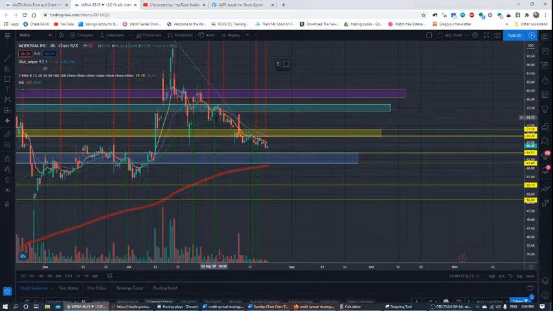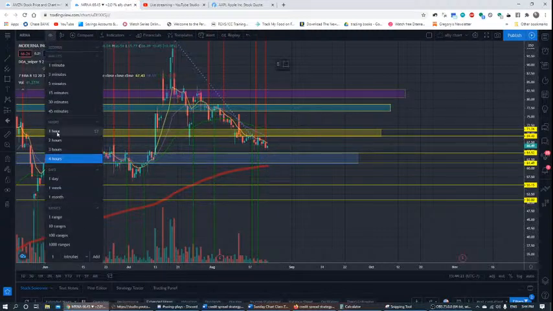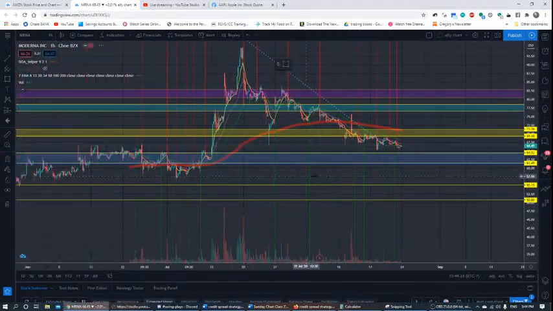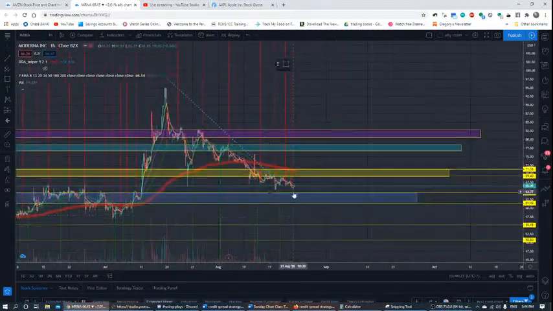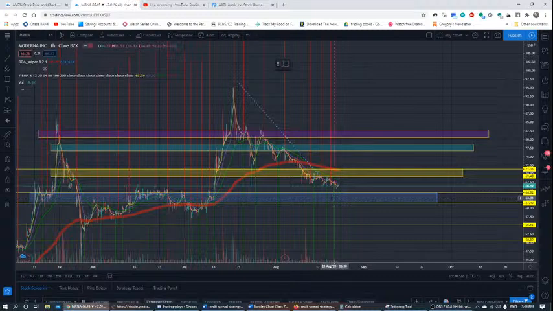Also we have all the 50, 20, and 8 EMAs crossing over on a 4-hour. And if we look at the 1-hour, there is a death cross on the 1-hour that is telling me this stock is being shorted. So this is a good price to cover your position. I would not take this long yet until the 1-hour shows that the trend has changed to the upside.